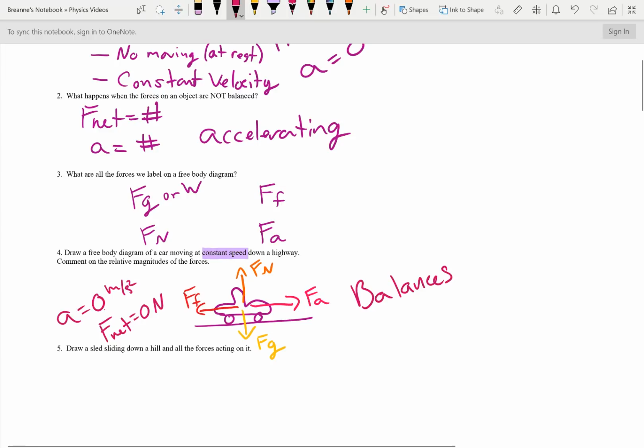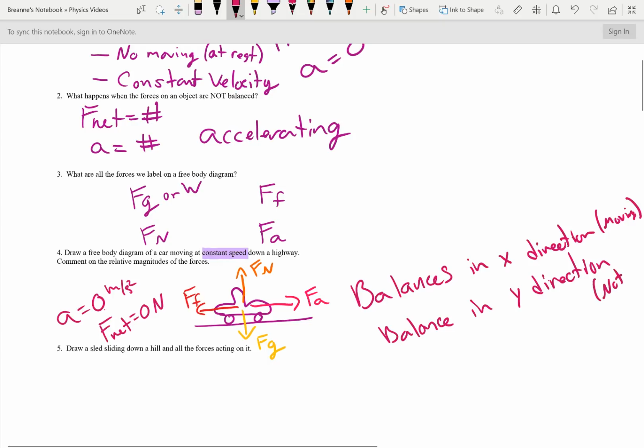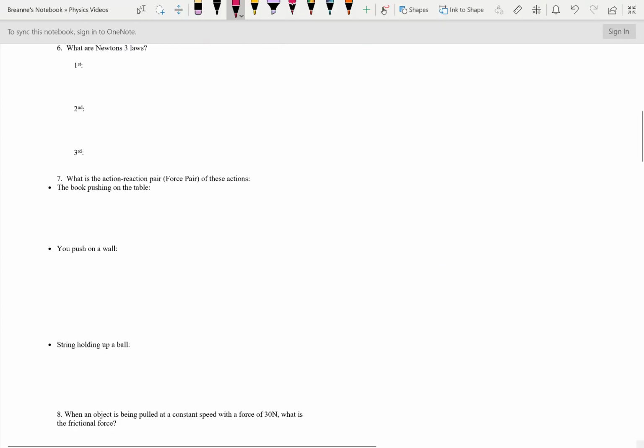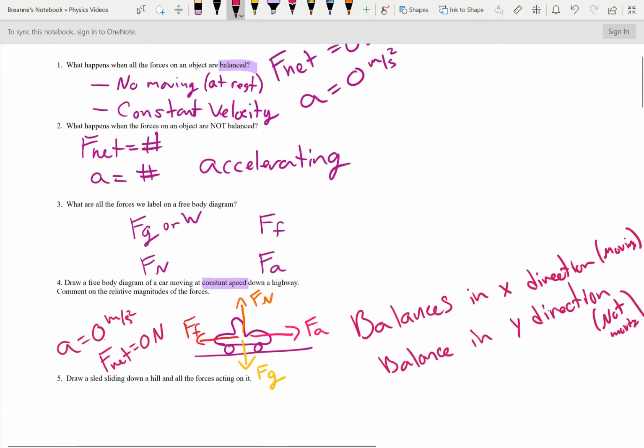The main thing we're talking about, because it's only moving in the x direction, is that the forces are balanced in the x direction. They technically are balanced in the y direction also, but it's just because it's not moving in the y direction. So balanced in the x direction and it's moving. Balanced in the y direction and it's not moving.